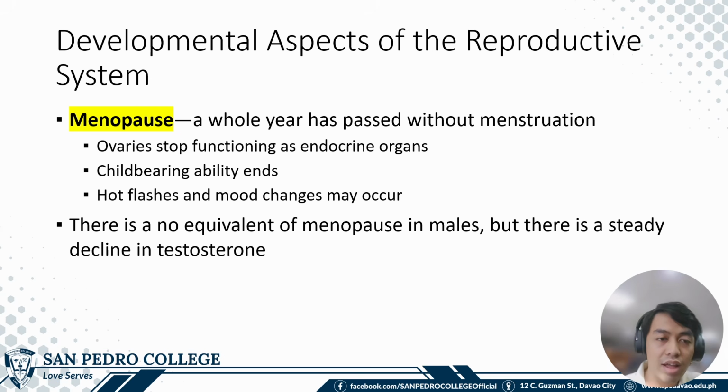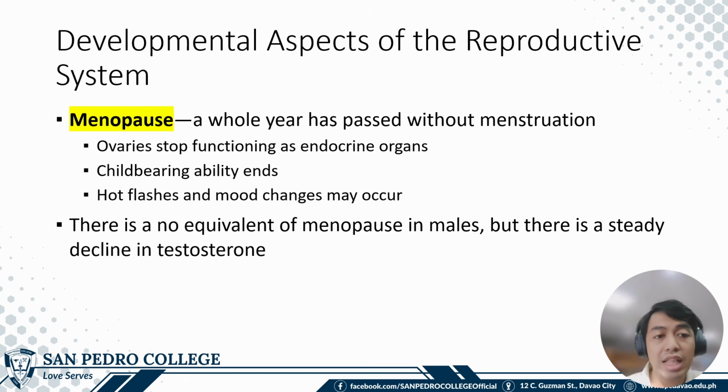After years of menstruation, the female will come to an age wherein there will be no follicle left with egg cells to release.